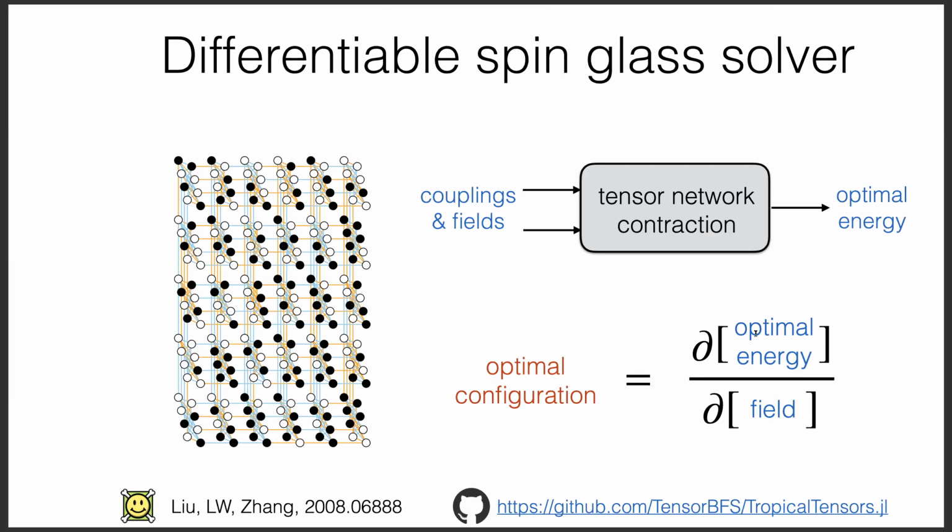You compute the gradient of the optimal energy with respect to the field. Basically, that's the ordinary kind of response theory. Then you read out the optimal configuration. In this way, for example, you can apply that to this. You might recognize this is the so-called chimera graph instance of the D-Wave quantum computer. On only one GPU, you can solve those classes of instances up to 512, I think.